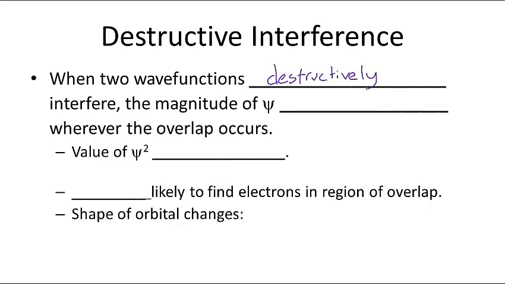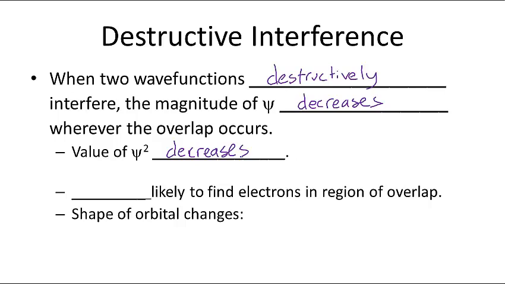The magnitude of psi decreases. So if you decrease the magnitude of psi, the value of psi squared also decreases. And a smaller value of psi squared is going to correspond to what in terms of probability of finding the electron?